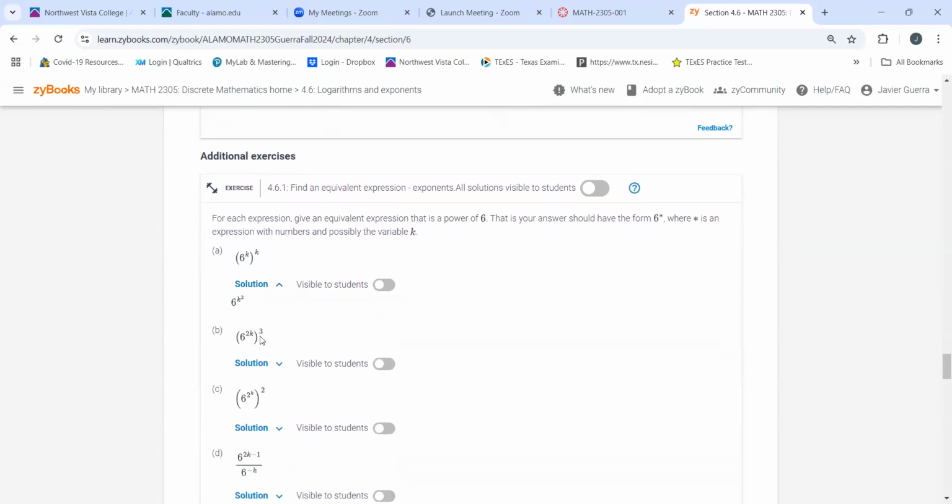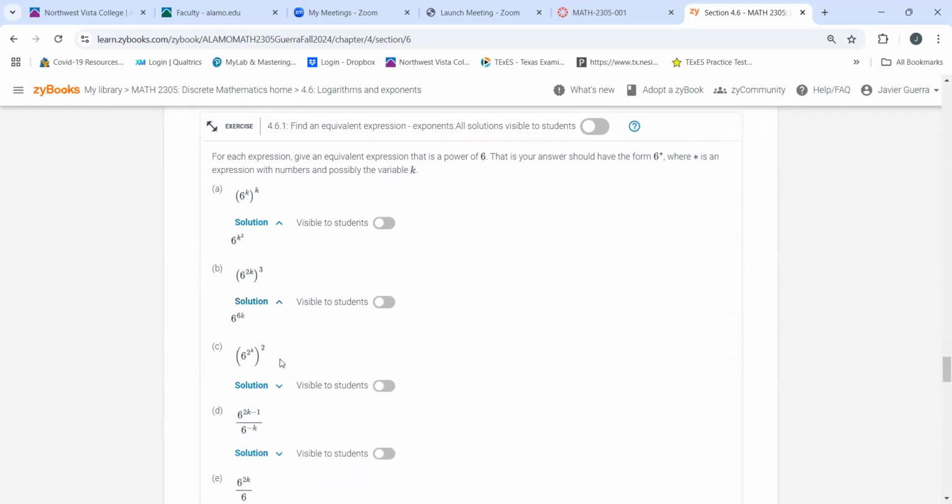This one, I am multiplying 2k and k, so that should be 6 raised to the 3k. This one I'm multiplying, so I believe this should be 6 to the 2k plus 1. Yes.